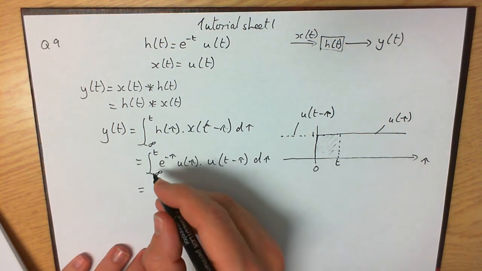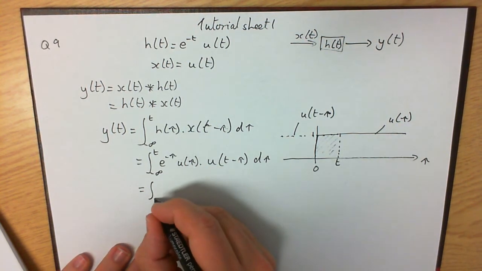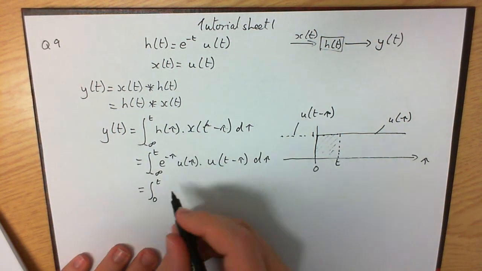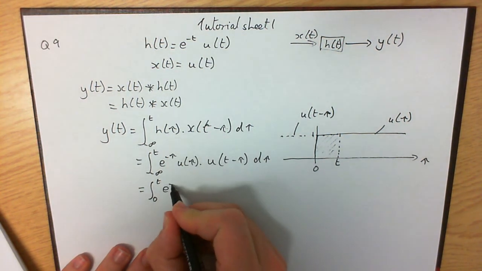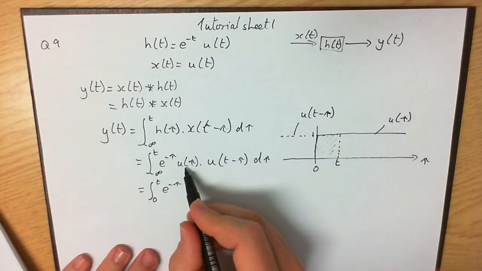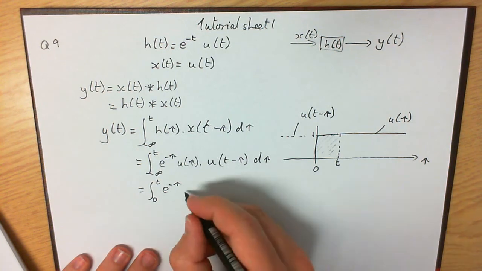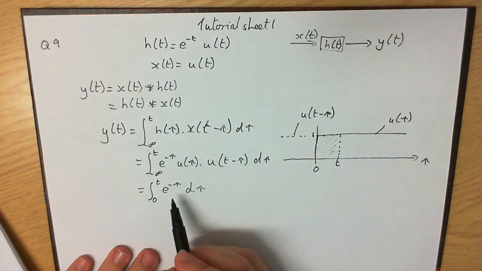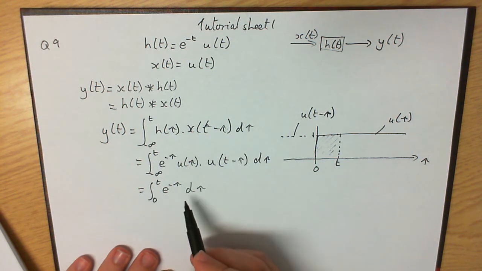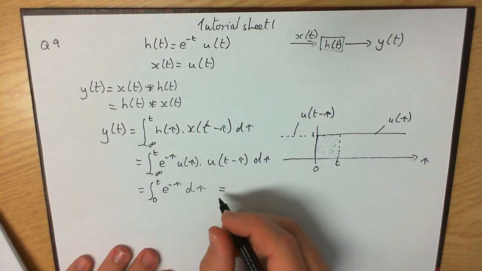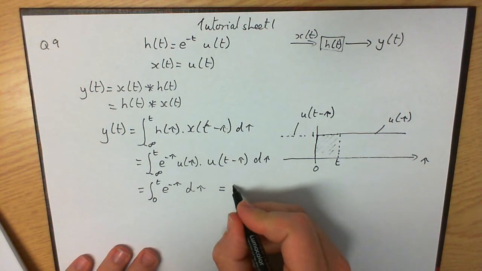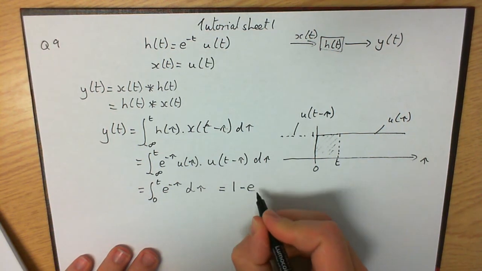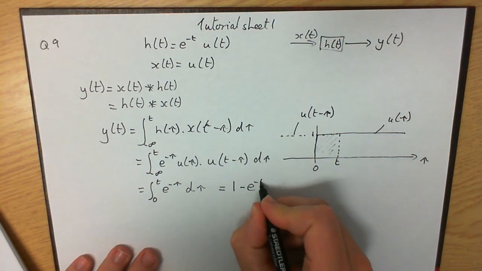So I can change this integration to between the limits of 0 and t of e to the minus tau multiplied by 1 d tau, which is now a very, very simple equation to manipulate, and that will give you your final answer of 1 minus e to the minus t.